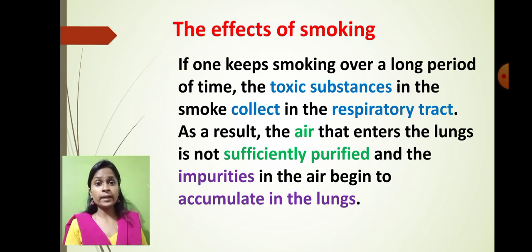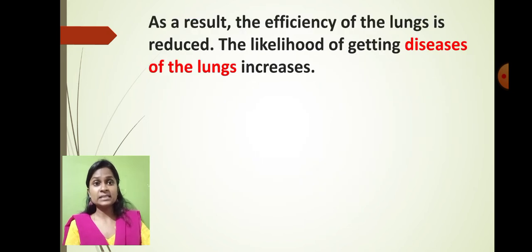And the impure air is circulated to all parts of the body. And students, as a result, the efficiency of the lungs is reduced. That means the lungs are not able to work properly. Therefore, there are more chances that lung disease might occur. You must have heard most of the time about lung cancer, etc. Even lung cancer is caused because of continuous smoking and chewing tobacco as well.